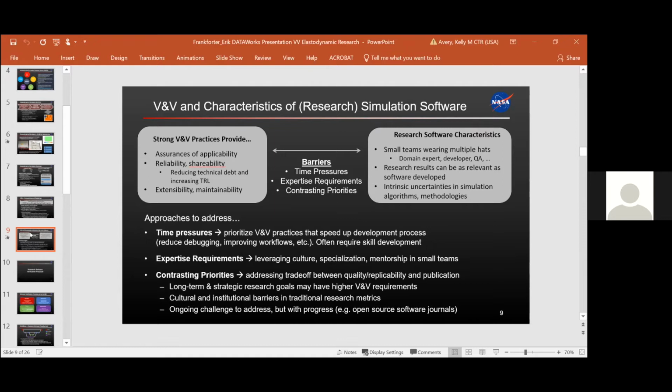For research software, we have characteristics where we can have small teams wearing multiple hats, maybe needing to take on multiple areas of expertise. Research results can be as relevant as software developed. Individual benchmarks or example cases can be what you're interested in.